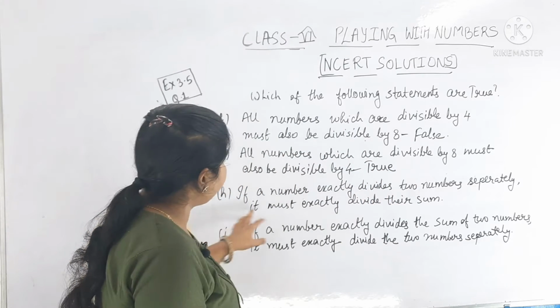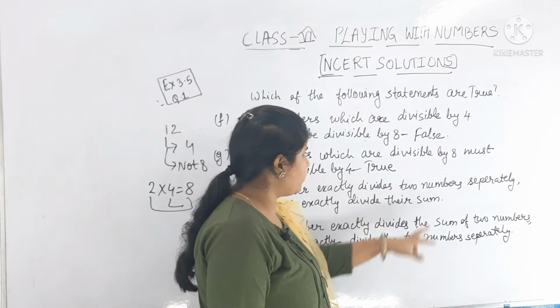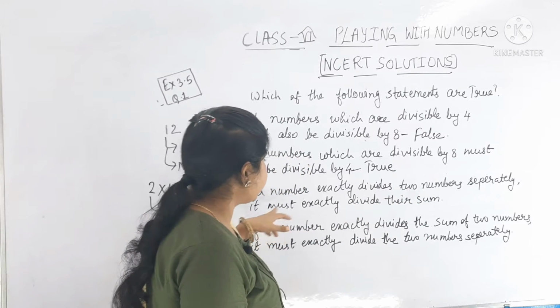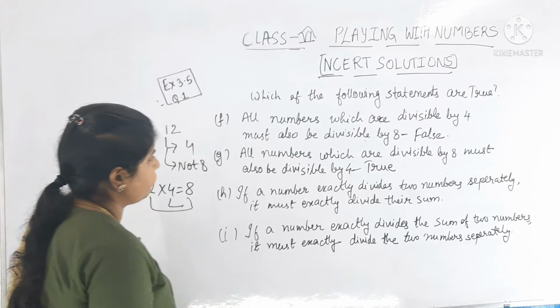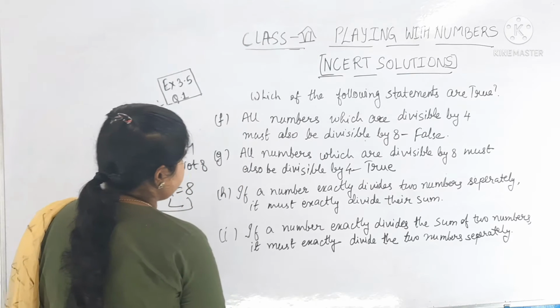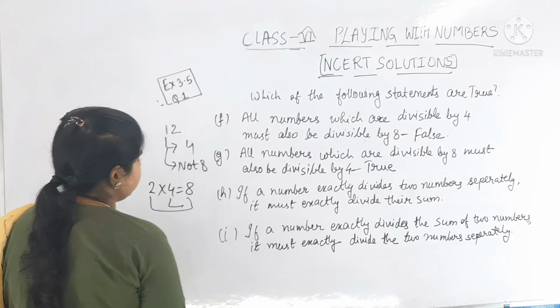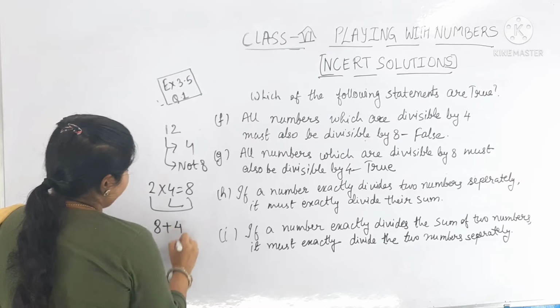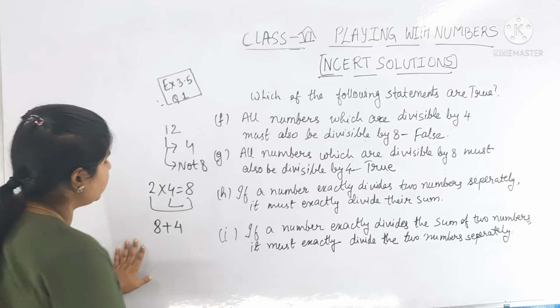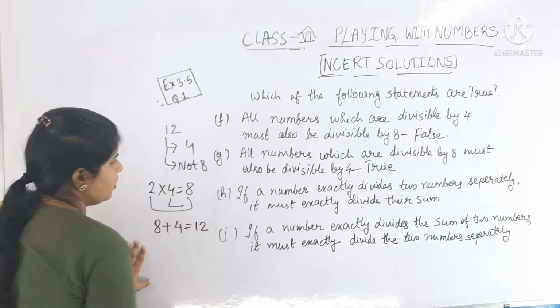H part: if a number exactly divides two numbers separately, it must exactly divide their sum. Here I am taking 8 plus 4. 8 plus 4 is 12.